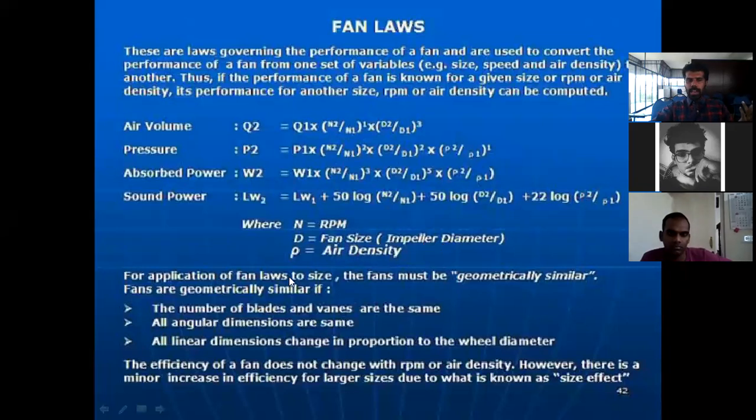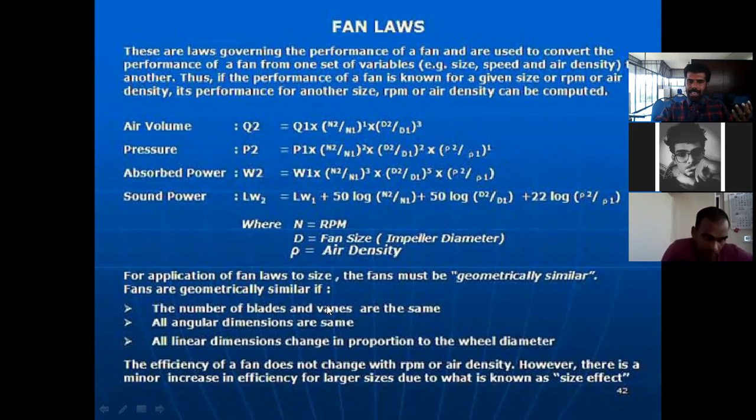For application of fan laws to size the fans, this is the criteria: both the fans should be geometrically similar. Then only we'll be able to compare. When can we call a fan geometrically similar?